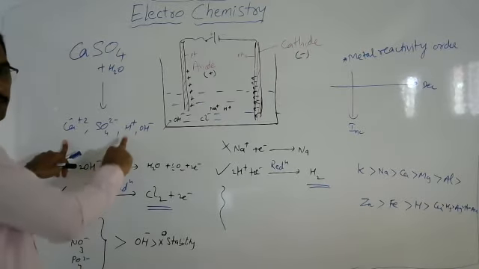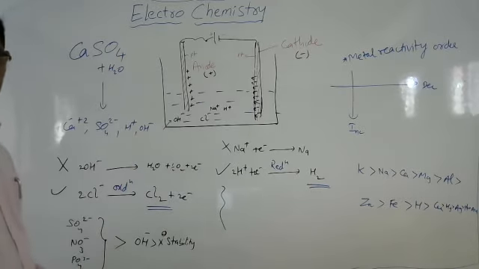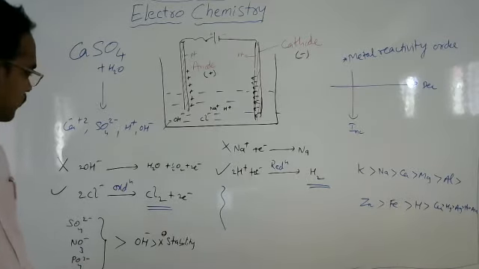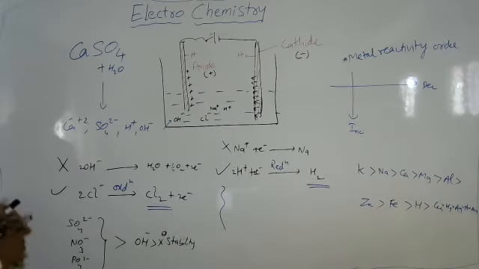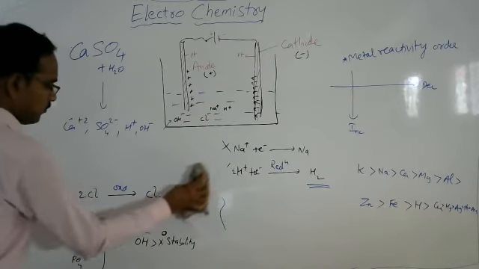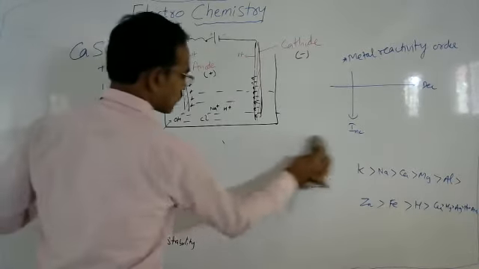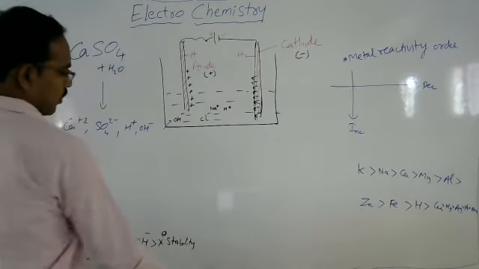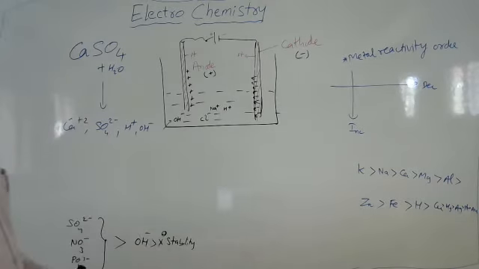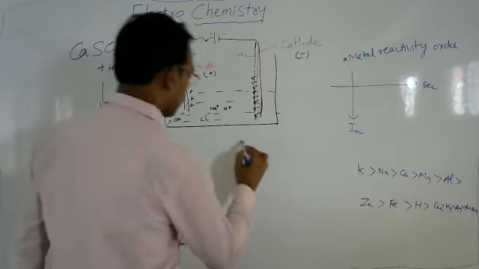Which will take the electron? Decide. At the cathode, what is liberating? Hydrogen. Yes, Pooja, very good.